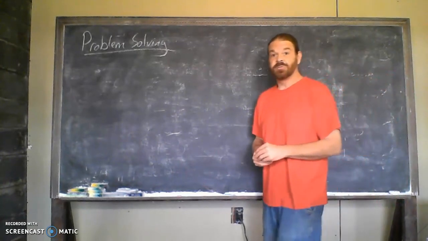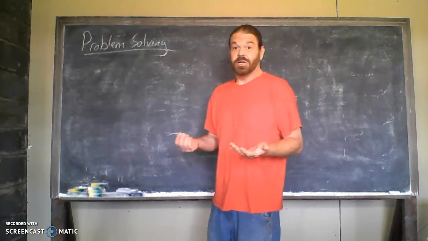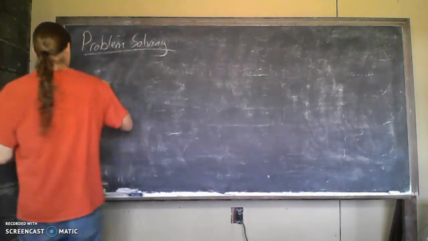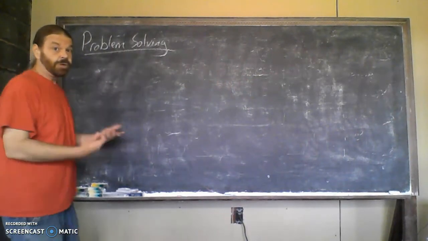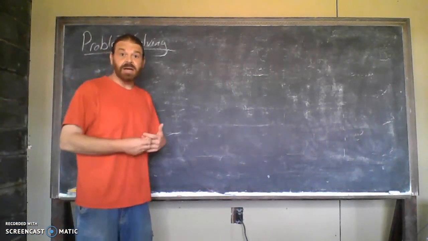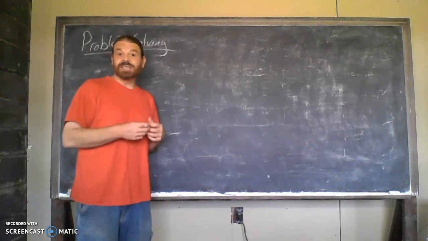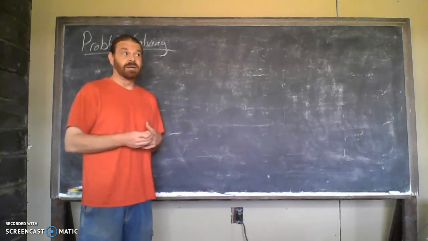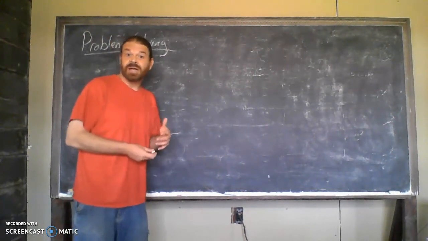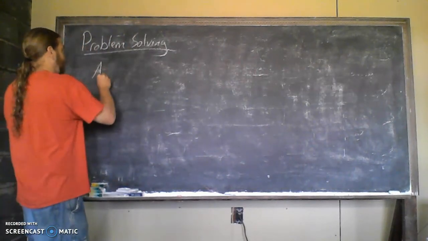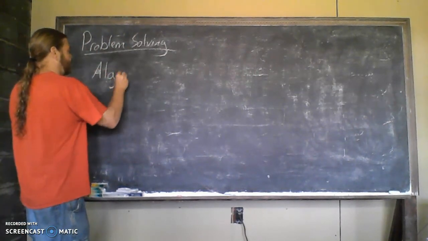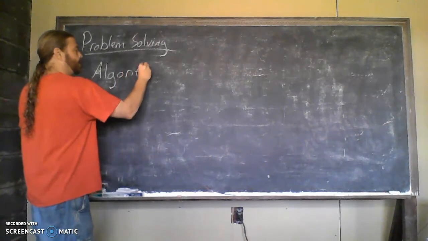I guess first off is a word I've already used a couple times, and it's going to show up in homework and quizzes here at the beginning, which almost makes it seem like a small subtopic, but this word right here: algorithm.